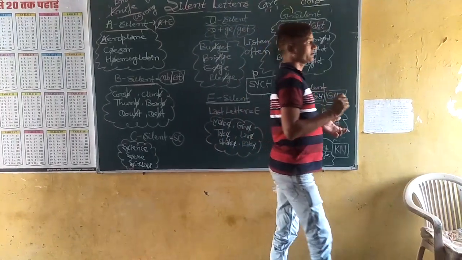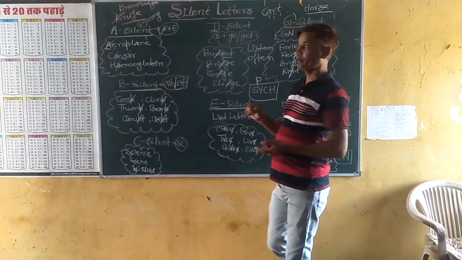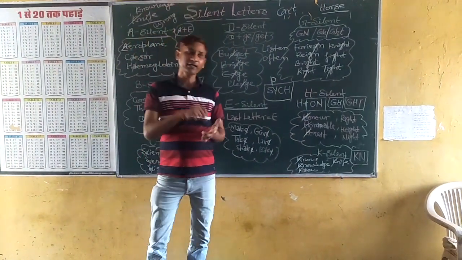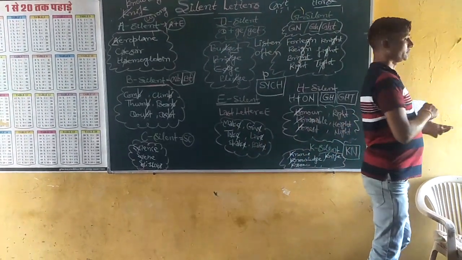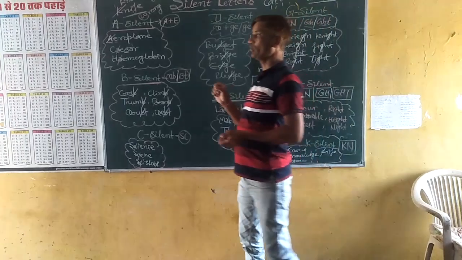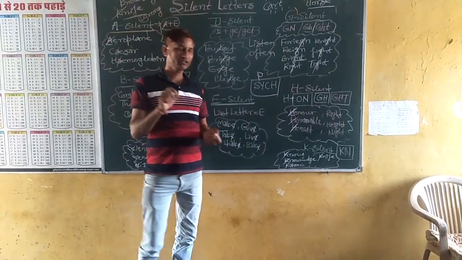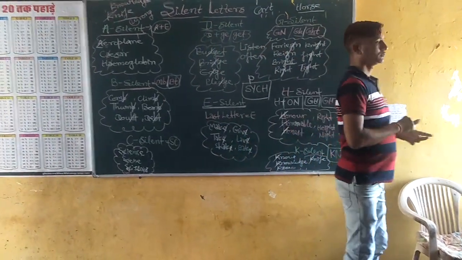Letter N silent. When letter M comes before N, letter N will be silent. As H-Y-M-N, hymn. C-O-L-U-M-N, column. In this way, your letter N will be silent.